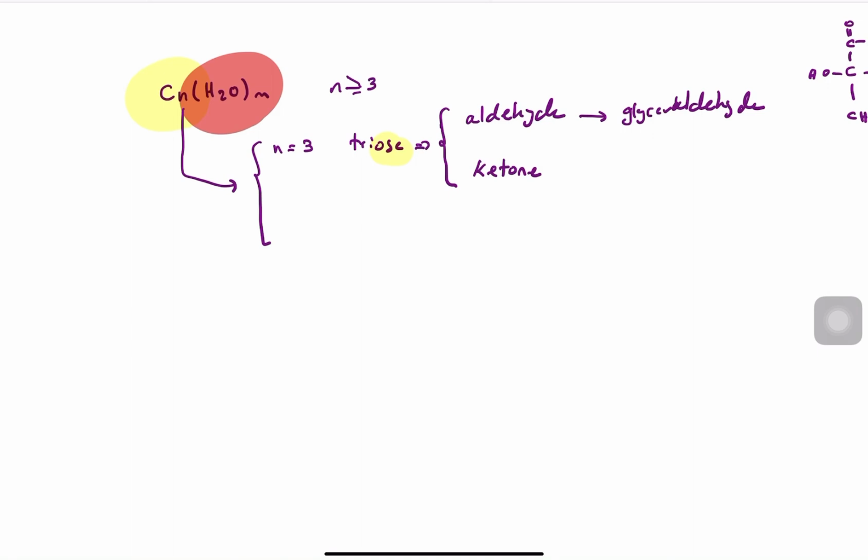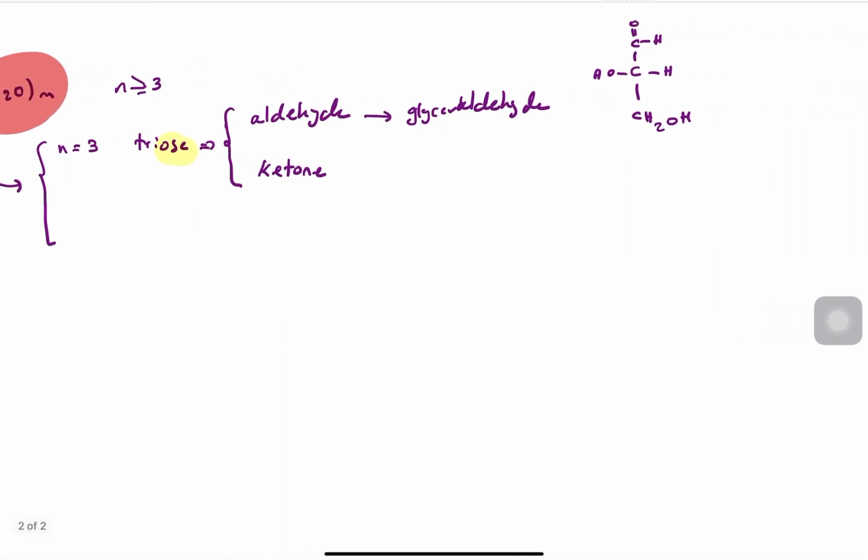Aldehyde, glyceraldehyde. Okay. It is a chiral molecule. We can draw it here in both shapes. I draw the mirror image also.